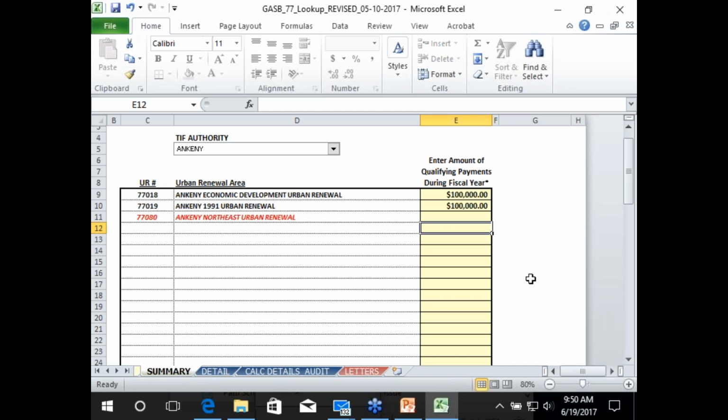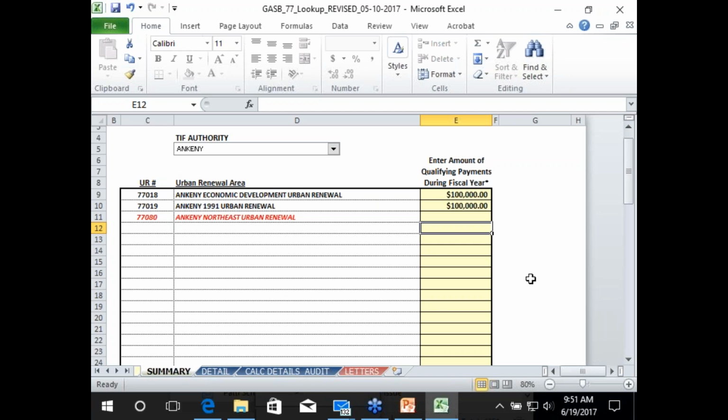Now, the other tool that Ted Nelson is putting together for cities and counties, as well as school districts, community colleges, and anybody else, is a listing of the cities and counties that have current year TIF divided. So if you figure out that you have a potential of these two small cities and this county, and they're not on the list that's going to be put on the Department of Management website, you won't have any.